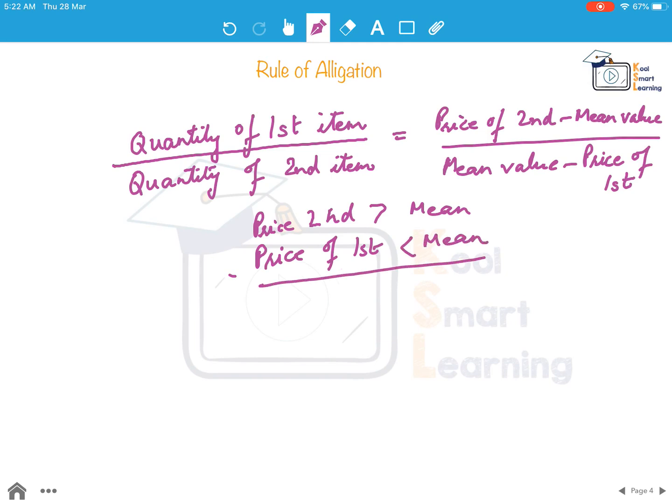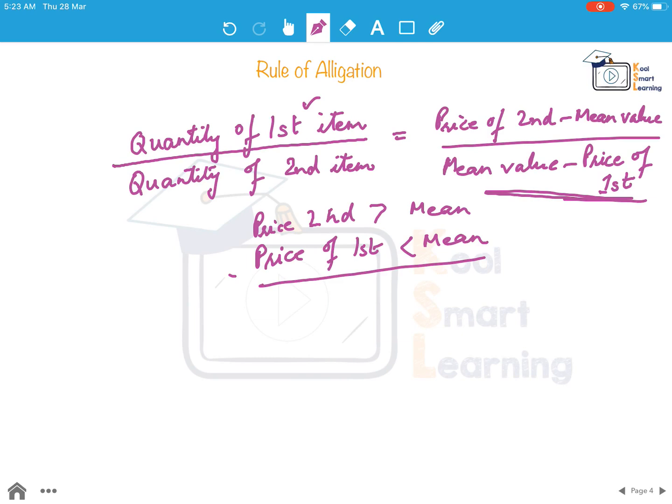Now let me explain this. First, we are clear that the rule of alligation suggested that the ratio is inversely proportional to the difference of their value from the mean value. So we are saying quantity of first item, inversely proportional, means this mean value minus the price of the first is coming in the denominator. This shows that inverse proportionality, and we are saying inversely proportional to the difference in their value from the mean value, so that is why we are taking this difference.